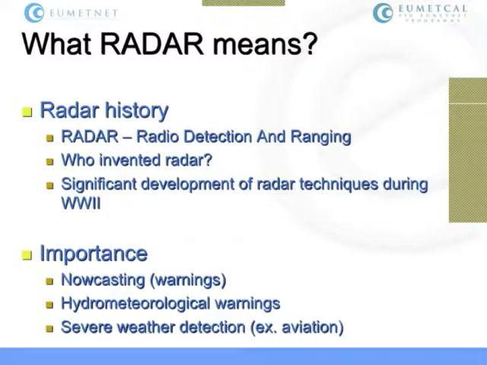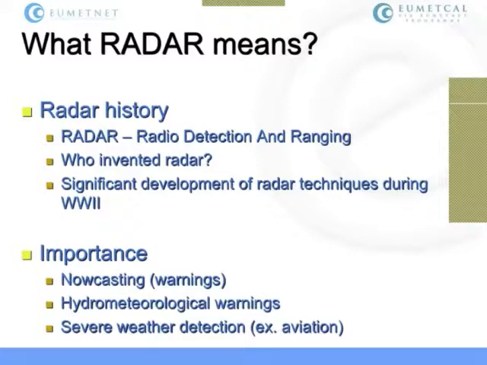After that, the technology evolved. Radars, especially built for meteorology, were developed for the national weather services, and nowadays they are widely used, and they are a very important instrument in our work as weather forecasters.